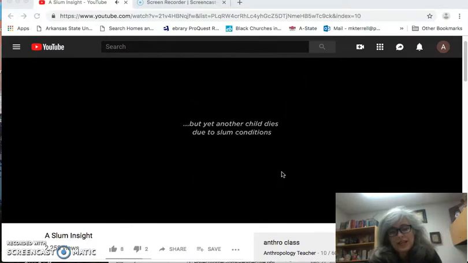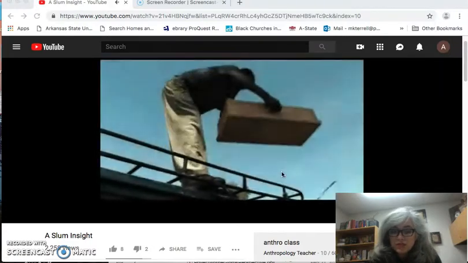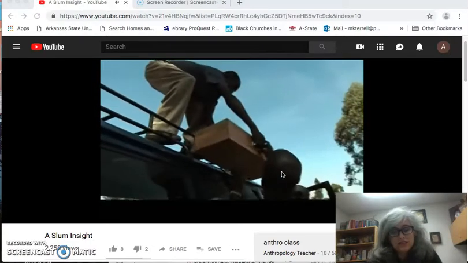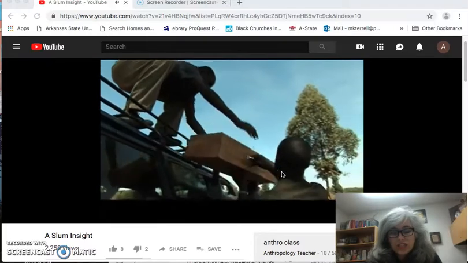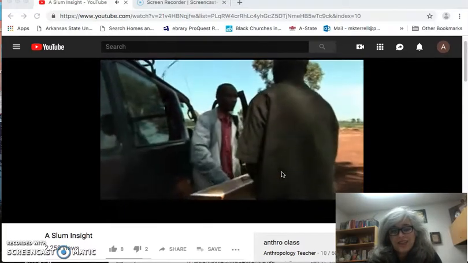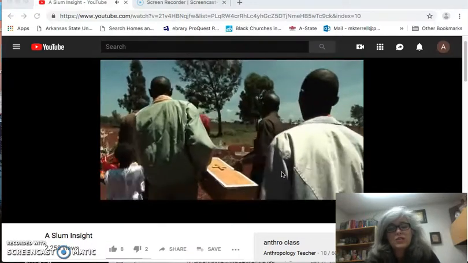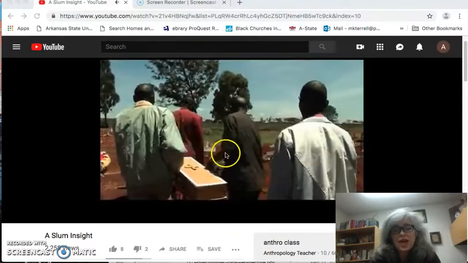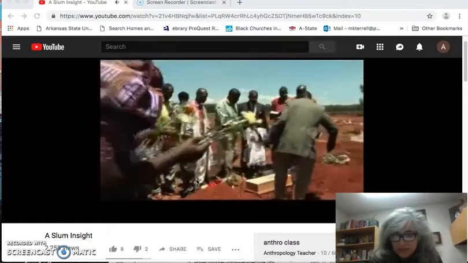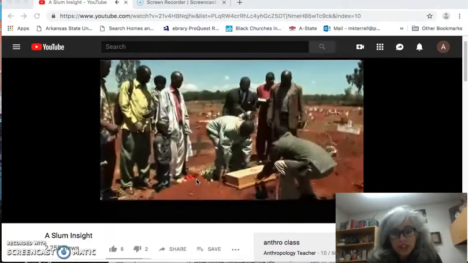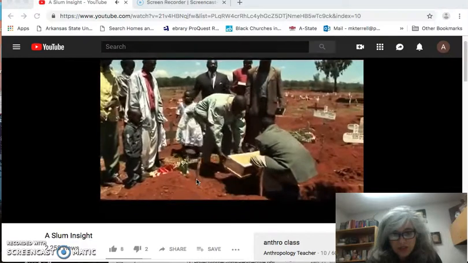We're going to end this segment at a funeral with a tiny coffin because absolute poverty is life-threatening. And that's not just a threat. The threat happens. It actually is realized sometimes. And so his baby didn't make it because of the slum conditions, because of absolute poverty conditions.